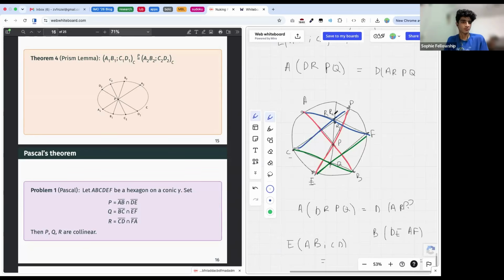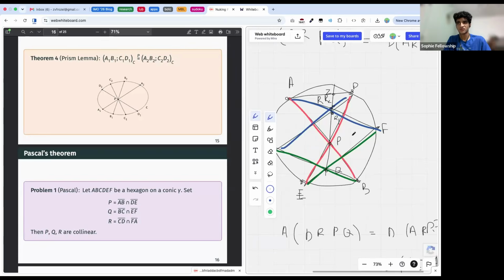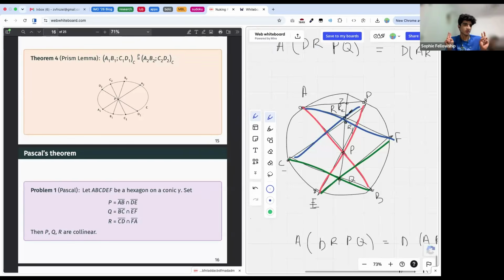Now what do we want to prove? We want to prove that P, Q, R are collinear, but that's equivalent to proving that R1 is equal to R2. If AD intersect PQ is another point Z, then you have this entire picture with R1 and R2, which are so-called phantom points. We want to eventually prove that they're equal.